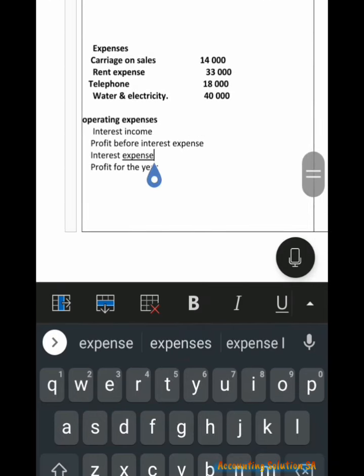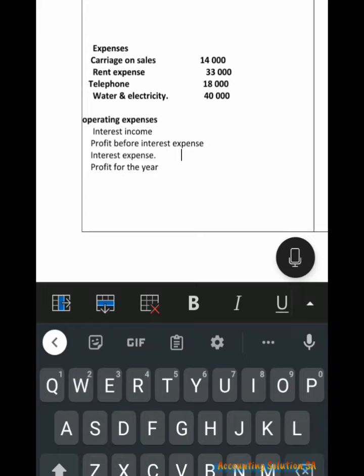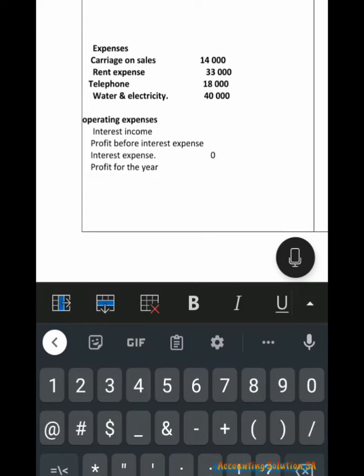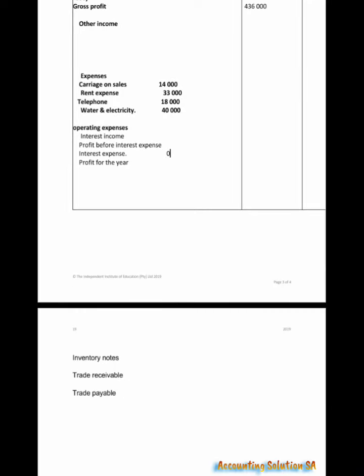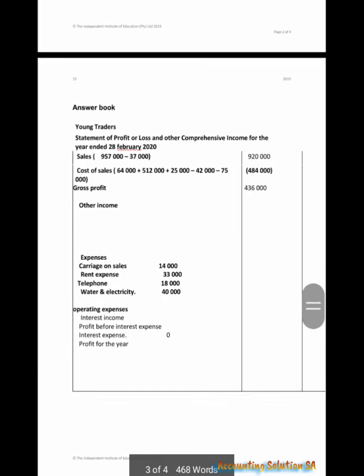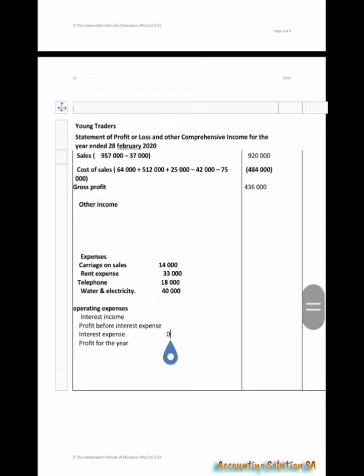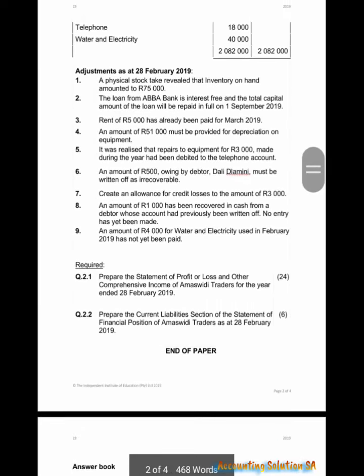You have to write interest expense and then on the answer you put 0 to show that this is free interest, because there's a mark for writing the word interest expense and a mark to show that it's 0.